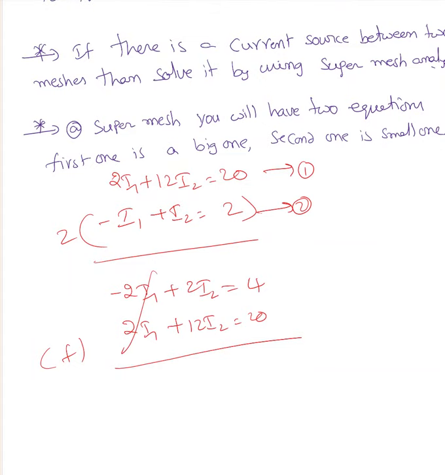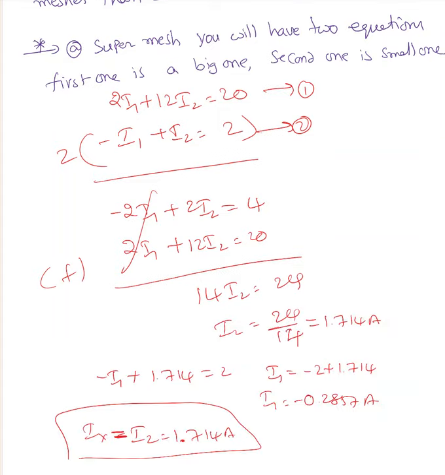When I add them, I end up with 14I2 equal to 24, so I2 equals 24 divided by 14, which is 1.714 amperes. Our goal is finding Ix, so Ix is nothing but I2, which is 1.714 amperes.